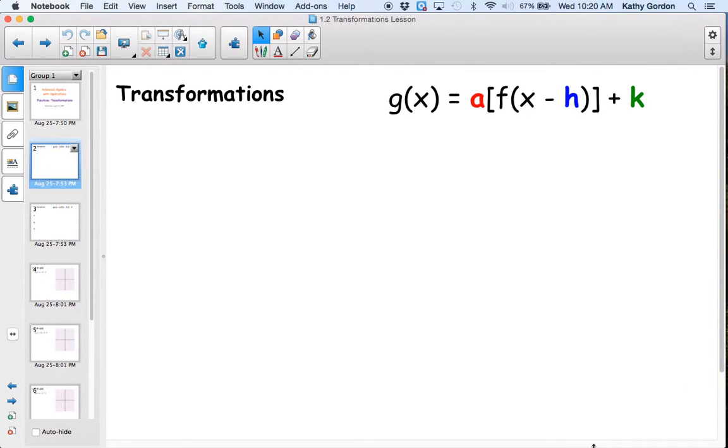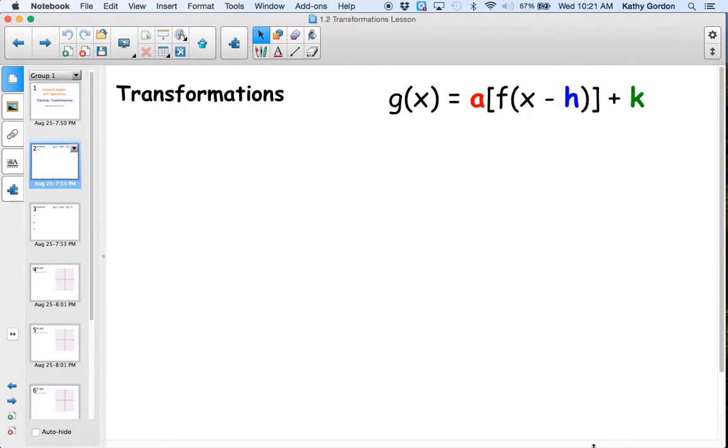of the function. Now, when we talk about inside the function, what that means is, if, for example, I'm talking about a quadratic parent, the h value would be something that's with x in the parentheses before it actually gets squared. So it's inside the squaring function. Or if we're talking about the square root function, the h would be something that is inside the radical sign with the x.